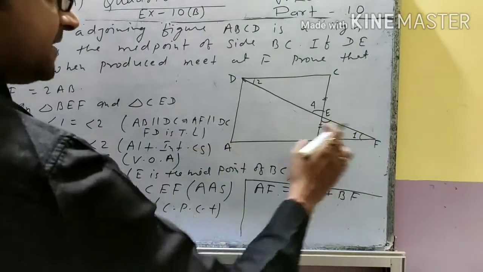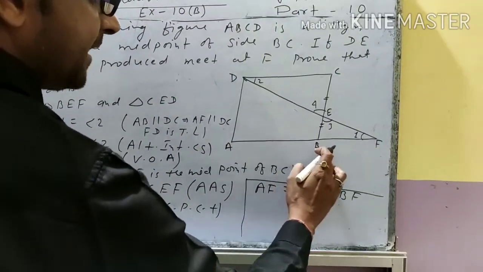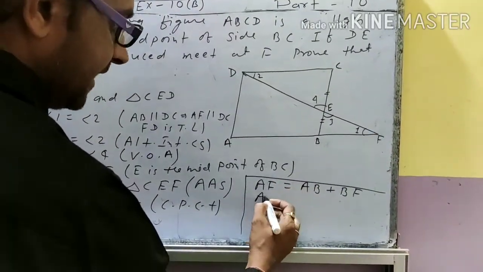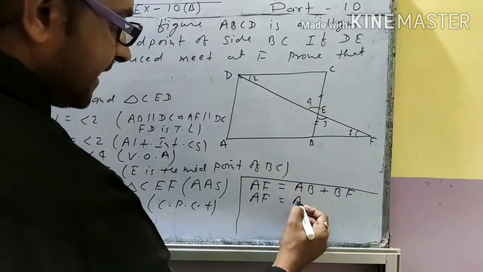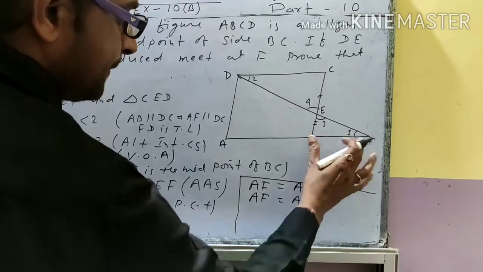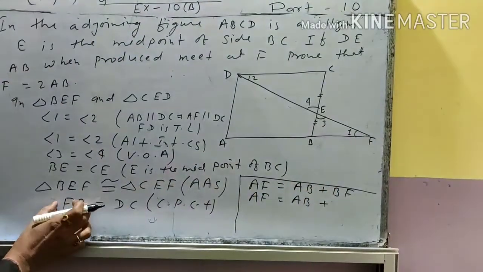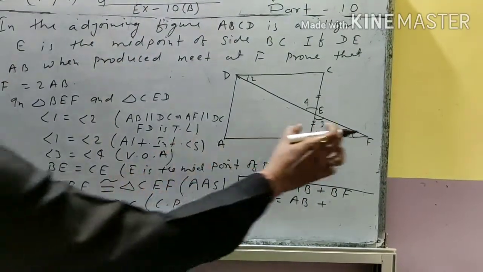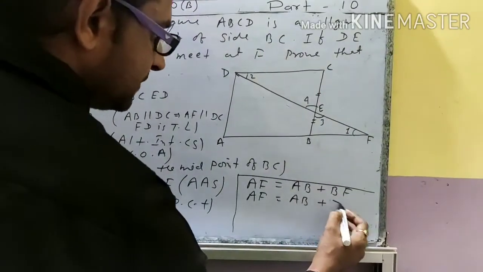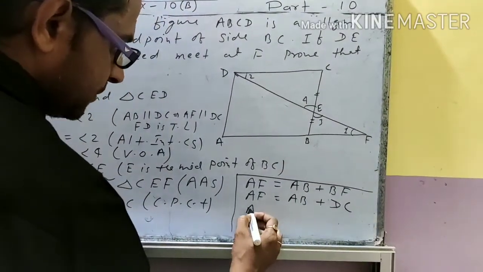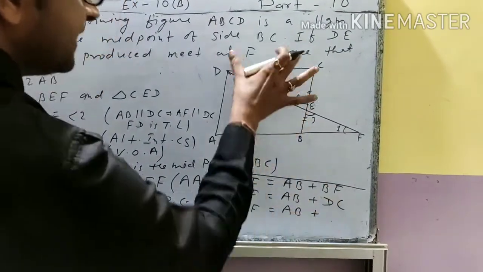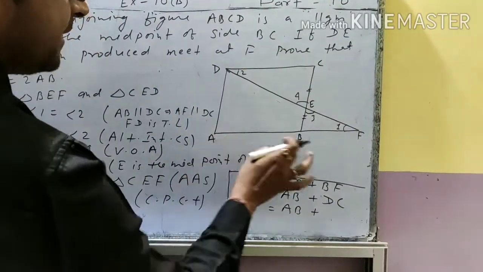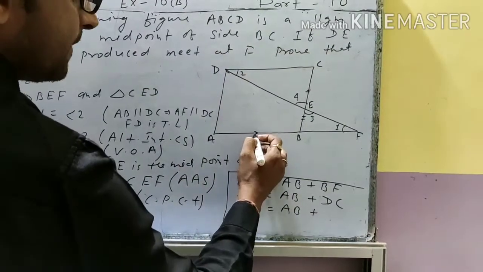FB is equal to DC. So we can write here DC. So AF is equal to AB plus DC, and DC is equal to AB because ABCD is a parallelogram.